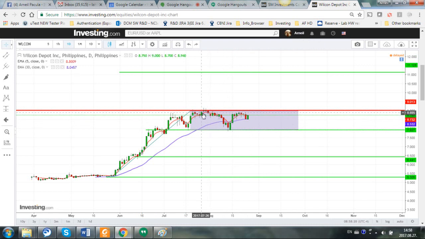So, beside that, the moving average can indicate a trend. Diba, sabi ko last time na if the price is sitting above the moving averages, short term and mid term or long term, then we consider this trend as uptrend.